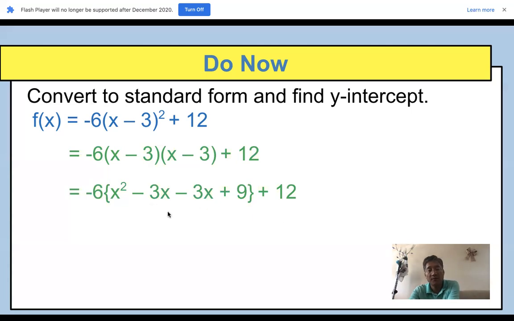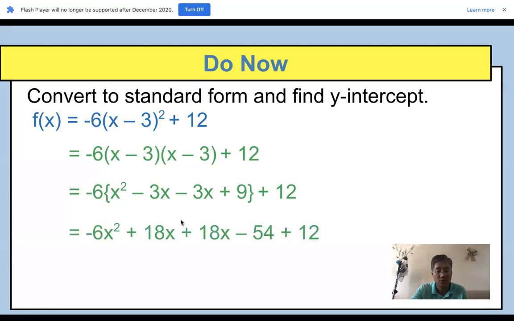Either you simplify, combine like terms, this one first, or you can distribute everything and combine later. It's up to you. You have a choice. So now for this one, distribute it. Negative 6x squared. Negative changes all the signs, right? So plus 18x.